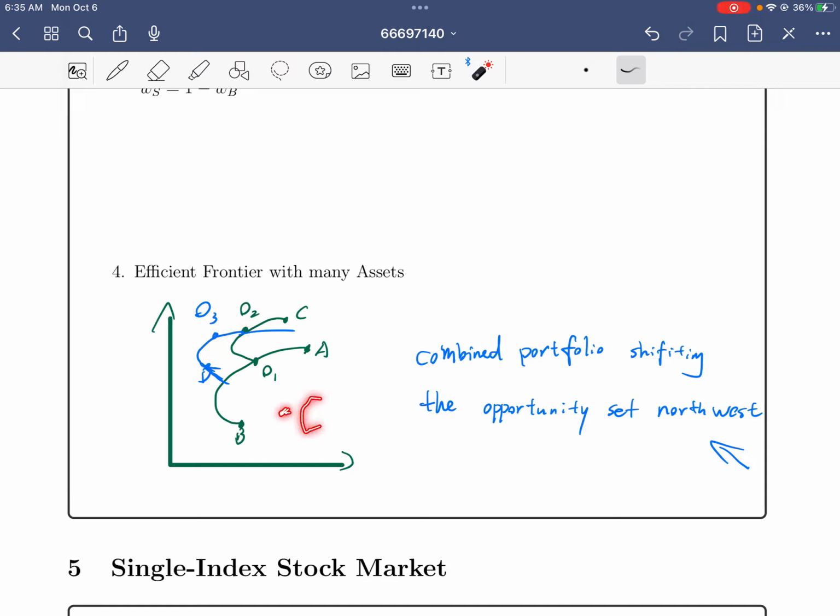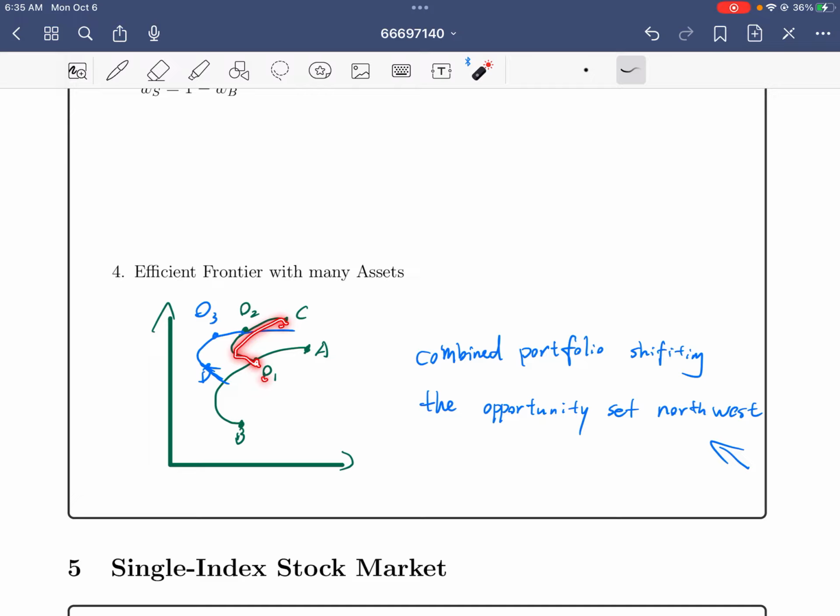If we have a C below our efficient frontier, we probably don't want to include stock C because it's already dominated by our efficient frontier. So the only case we want to include it is if the point is above or to the left of our efficient frontier.